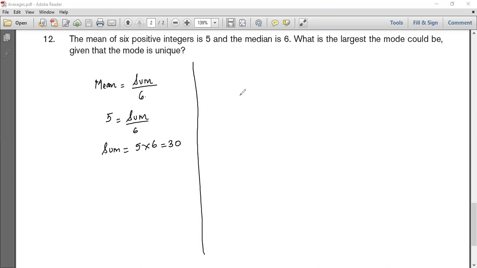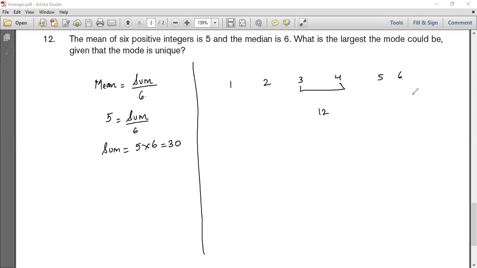Now, the median means, so there are a total of 6 integers. So let's say, and the median is 6. So the median is 6 since it is an even number of integers. So the values of 3 and 4 have to add up to 12. Okay. Now they are saying that the mode is unique.